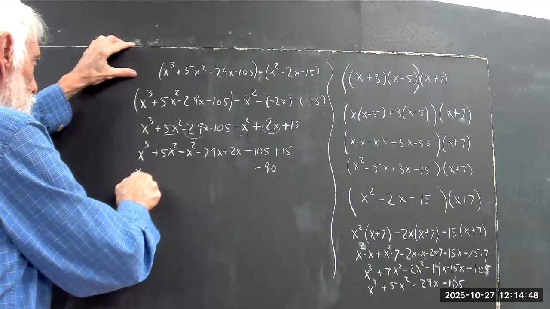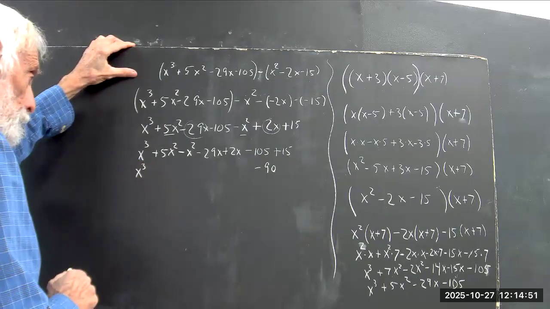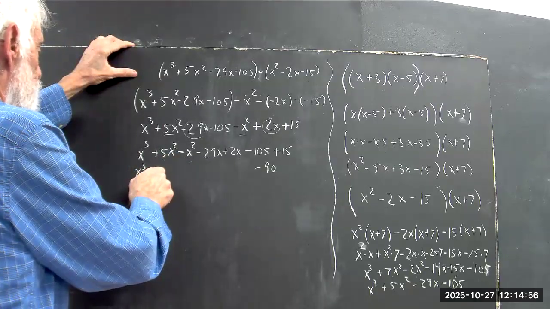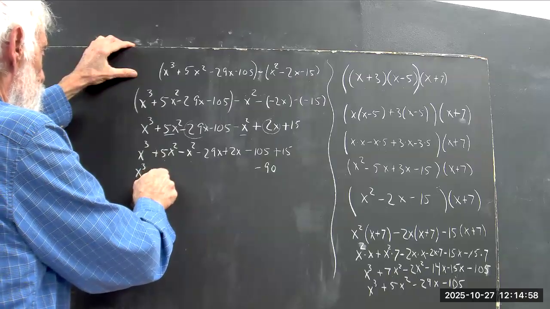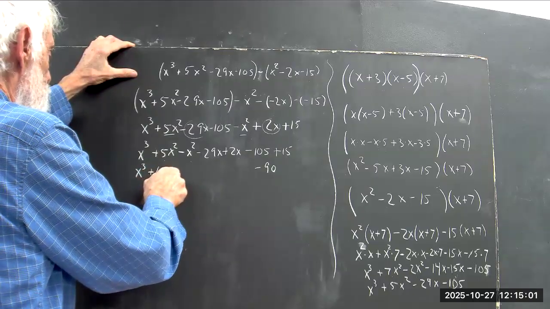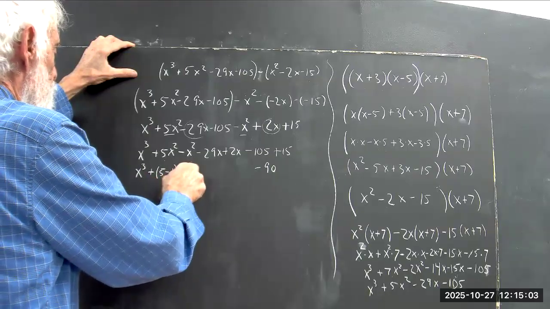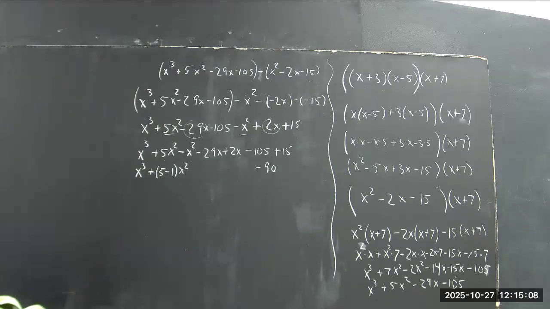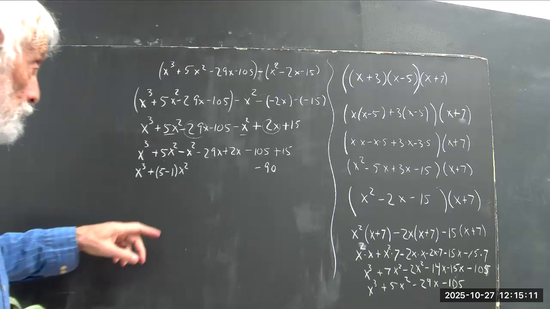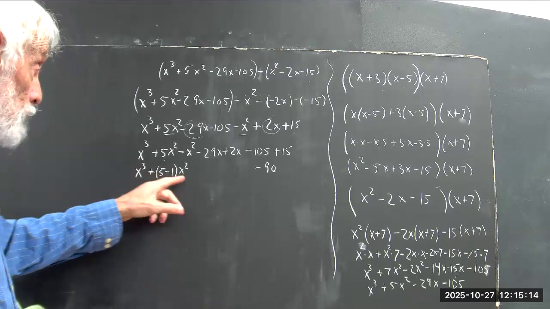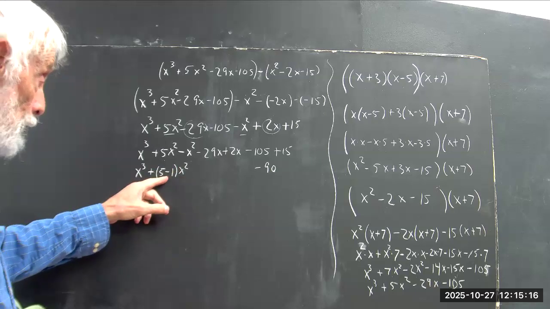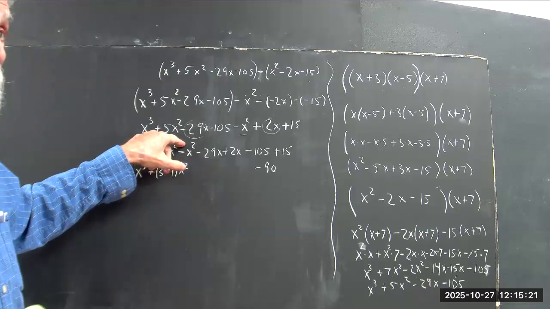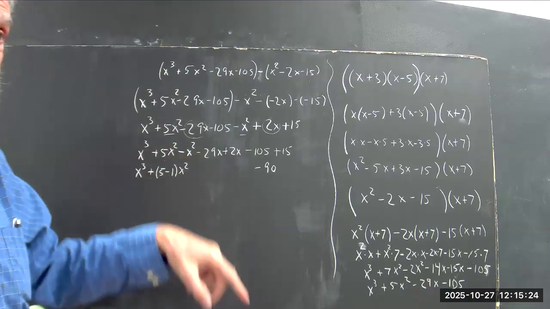My x cubed is okay. What's 5x squared minus x squared? This is the same as 5 minus 1 times x squared. How do I know that? Well, if I use distributive law, I get 5 times x squared and minus 1 times x squared, which gives me 5x squared minus 1x squared, but I don't bother to write the 1.